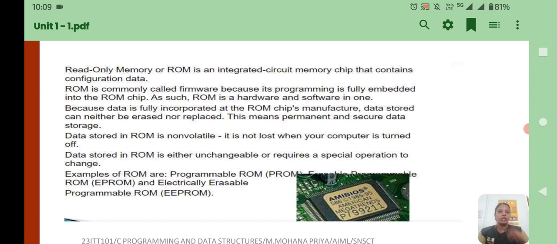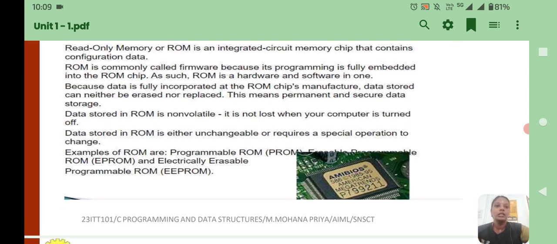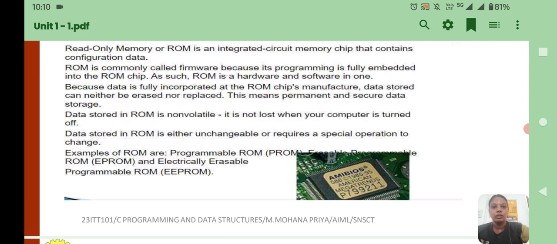ROM, read-only memory, is an integrated circuit memory chip that contains configuration data, commonly used as firmware because its programming is fully embedded into the ROM chip. ROM is hardware and software in one. Because it is fully incorporated when the ROM chip is manufactured, the data stored can neither be erased nor replaced. This means permanent and secure data storage.